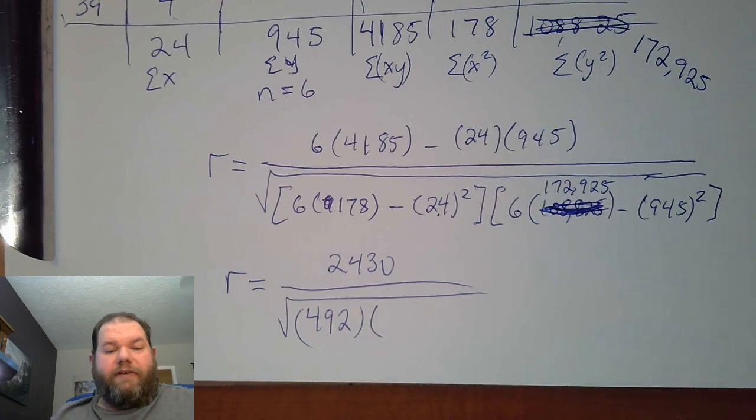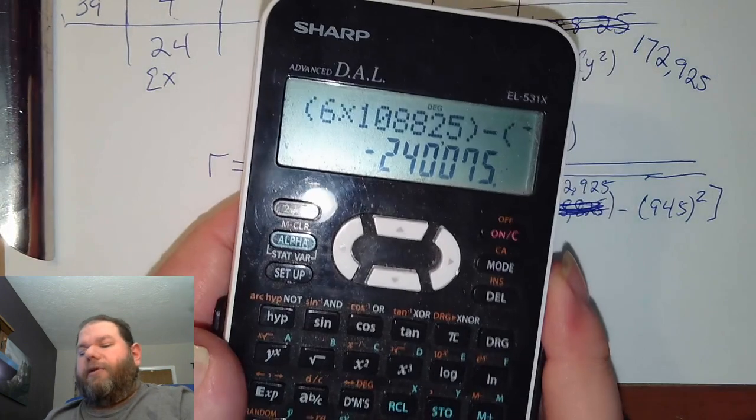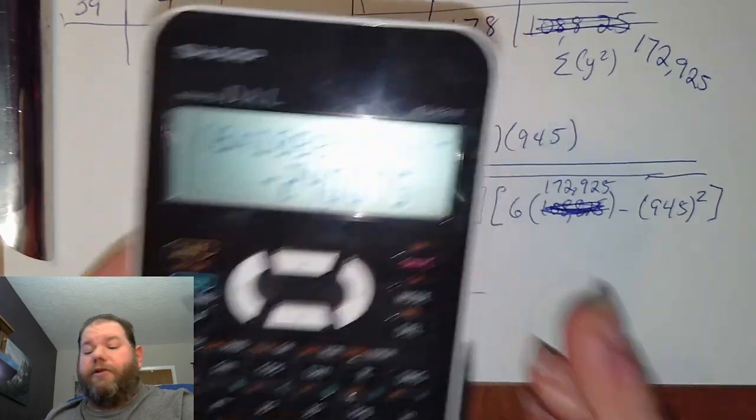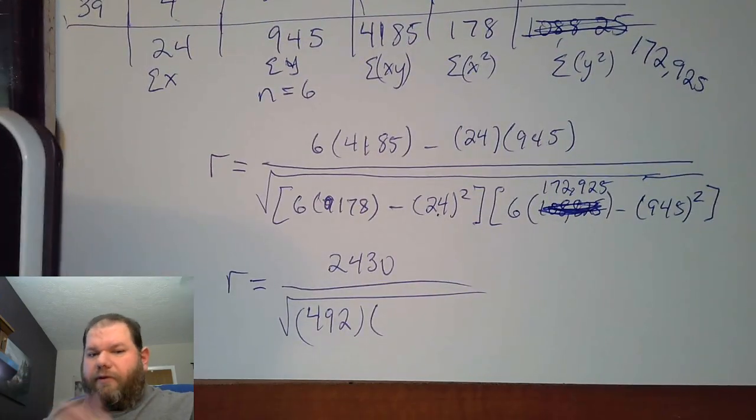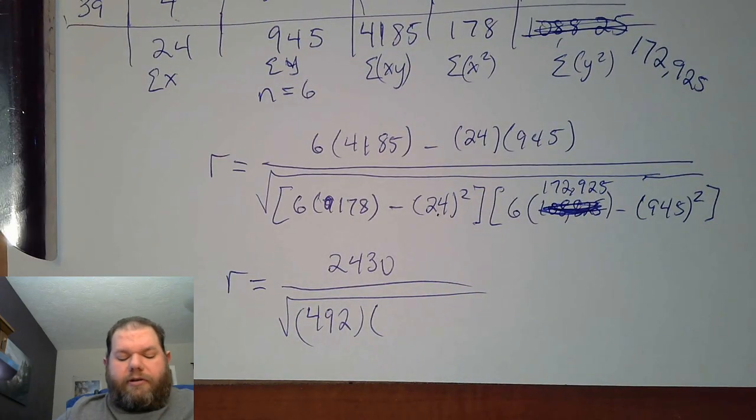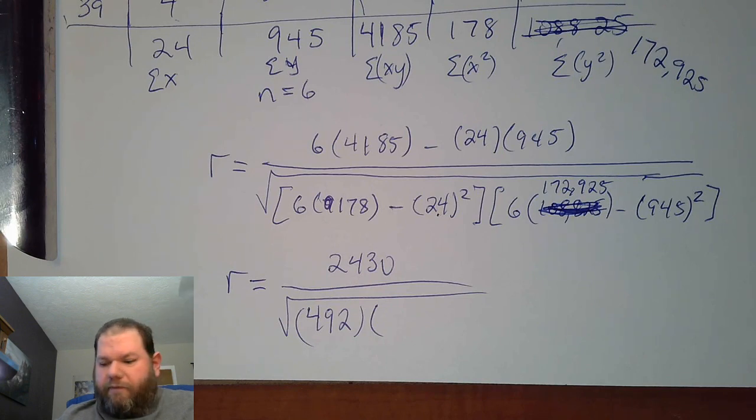That should fix this issue I'm running into, because there's no way that we should end up with a negative number here under the square root. If you've ever done any algebra, then the square root of a negative is actually an imaginary number, and we don't deal with imaginary numbers in statistics. 6 times 172,925.